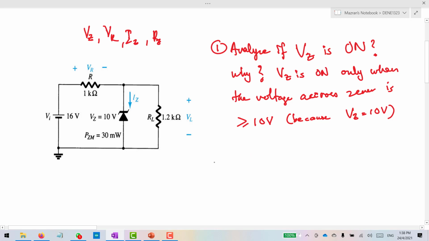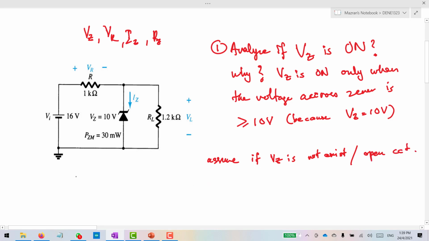So we analyze if the Zener is on. How do we do that? Assume the Zener does not exist, or is an open circuit.